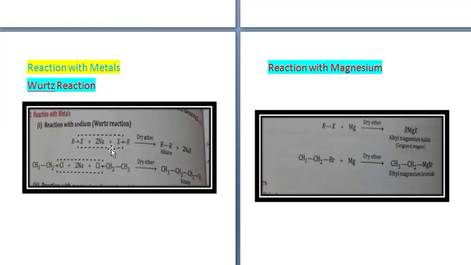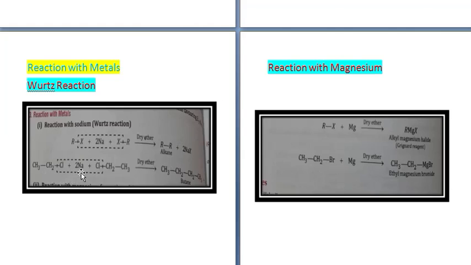The halogen part of both haloalkane molecules will combine with Na to give you 2NaX, and the 2 alkyl groups will combine with each other to give you an alkane of higher order. So from RX you get R-R plus NaX.